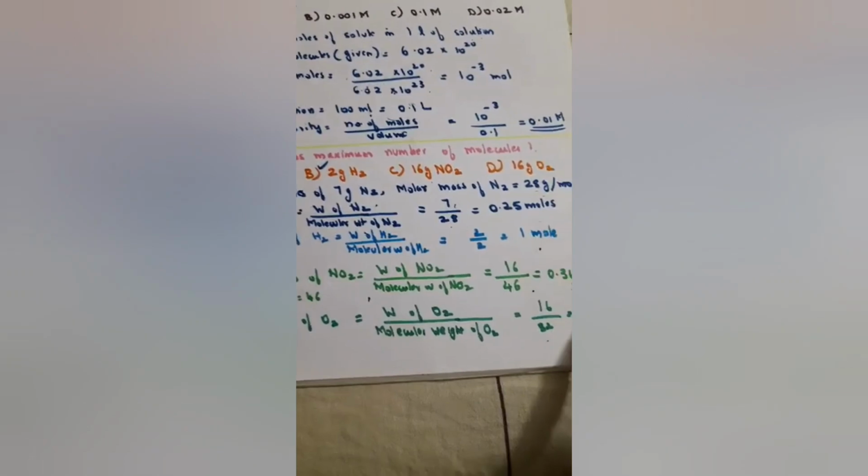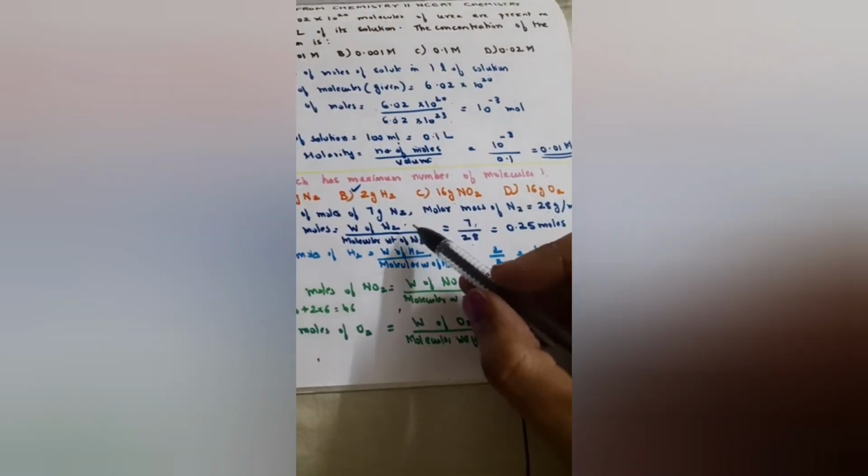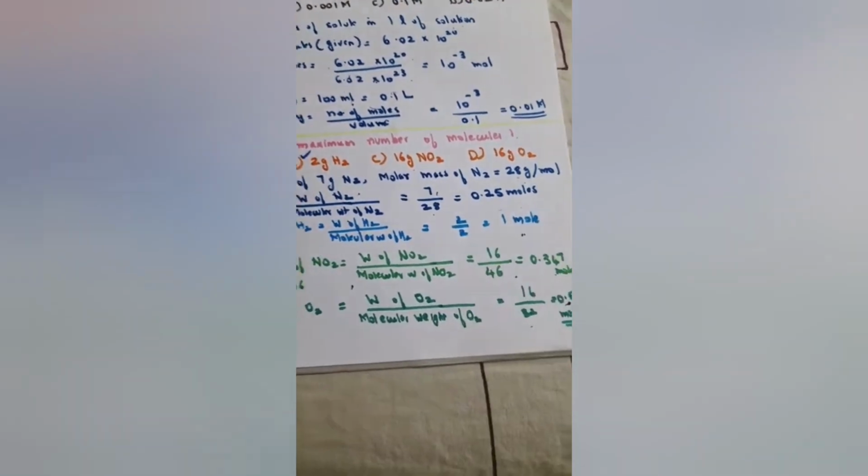Now finally, which is the correct option? 2 gram hydrogen has the maximum number of molecules. Just see how many moles hydrogen has: 1. In all the other options it is less than 1.